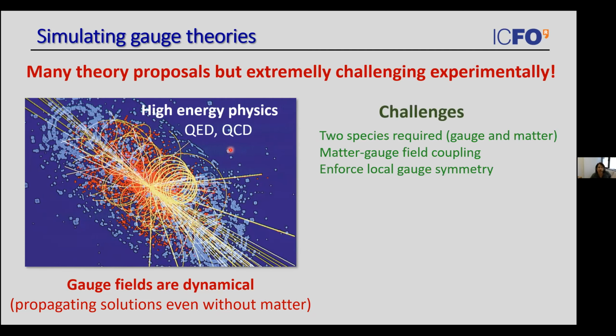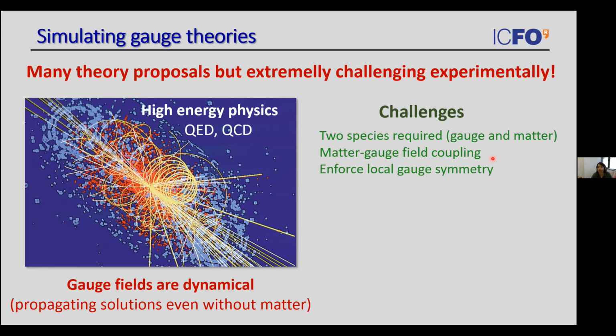The very first of them is that you need two species to simulate your model in principle, because you want to have particles that play the role of the gauge field and particles that play the role of the matter field. So then already two species model. Then the second thing is that you need to engineer coupling between both, matter gauge field coupling.